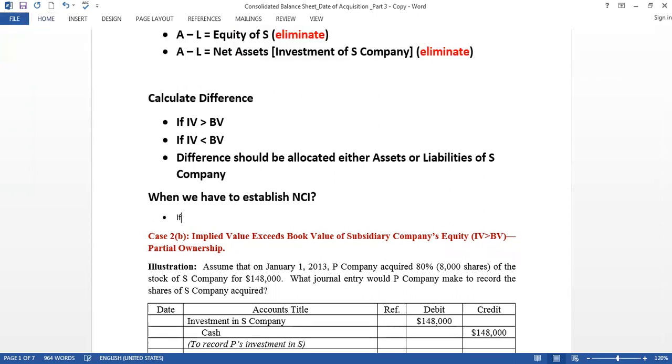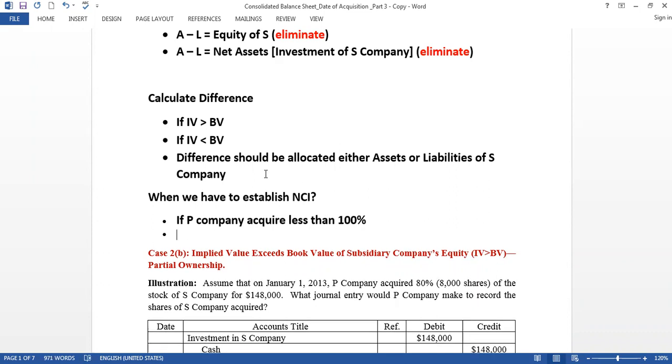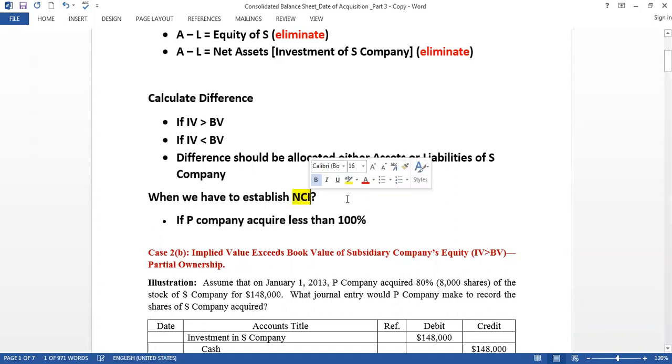If the parent company acquires less than 100%, then we will have to establish the NCI account.